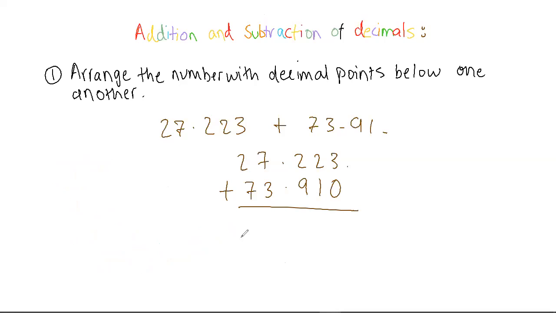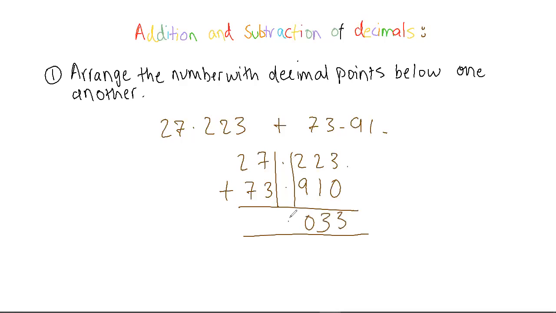Okay, so let's solve it. Also, make sure that the decimals are in a vertical fashion. If they are, excellent. If they are not, we'll try to arrange them in a vertical fashion. So let's solve. 3 plus 0 is 3, 2 plus 1 is 3, 9 plus 2 is 10.